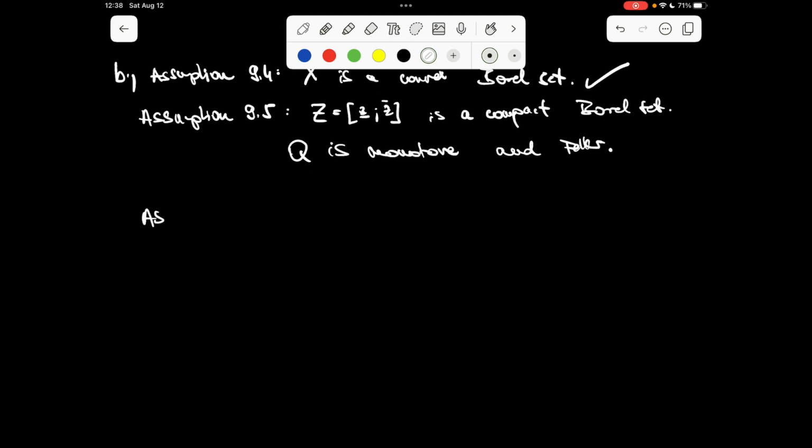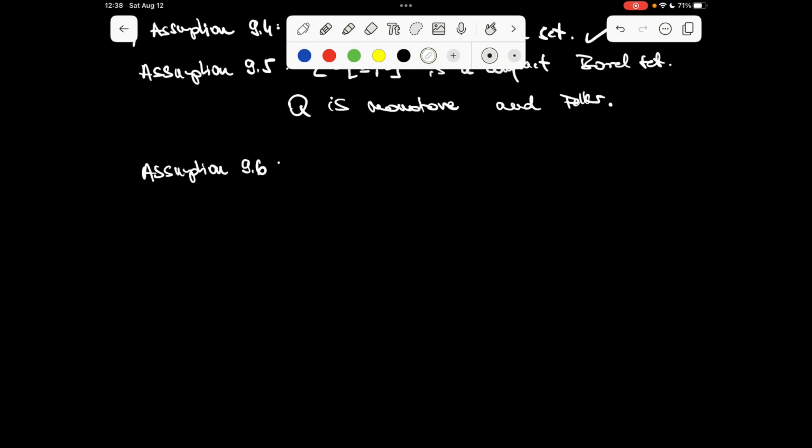Here comes the problem. Assumption 9.6 is related to correspondence gamma, which now looks this way. It is a very basic formulation of the correspondence.